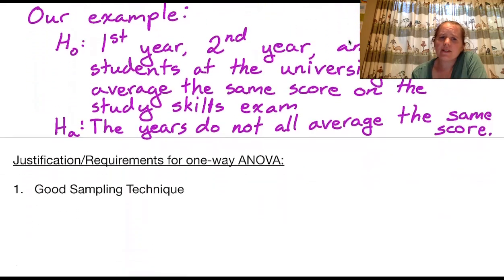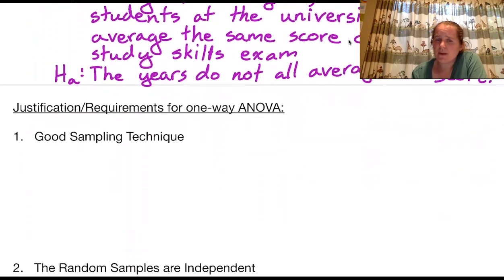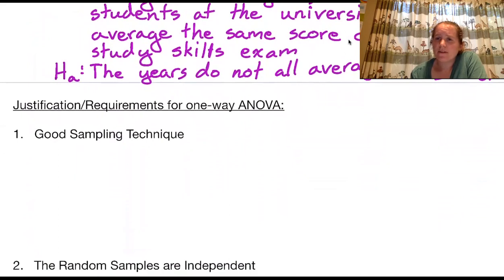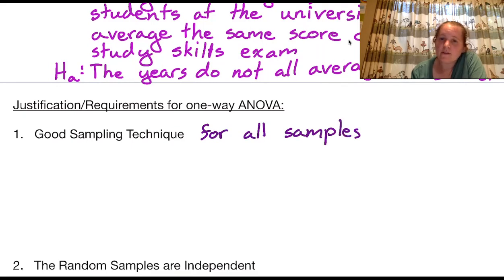The justification or requirements for one-way ANOVA: there are actually 4 requirements now. We're no longer limited to the 2 that we've seen over and over and over again. So good sampling technique. This is in all samples. For all of our samples, this is our usual requirement.